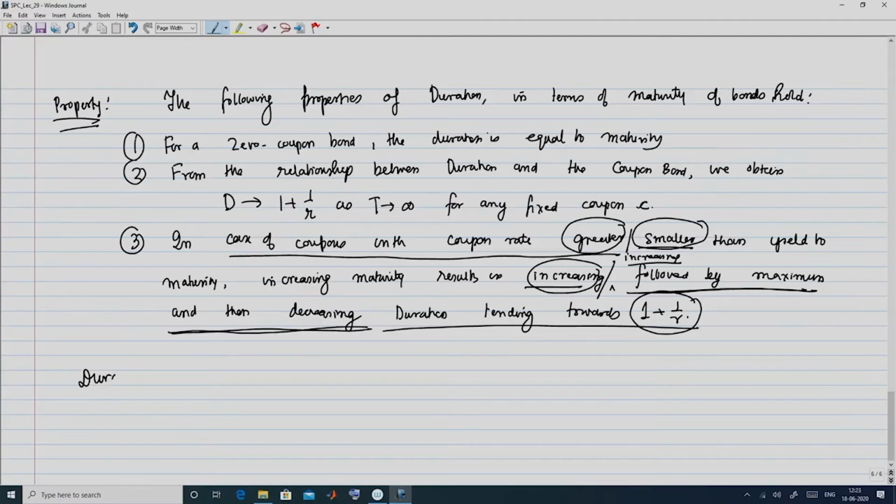So, accordingly we start the topic of duration in case of a bond portfolio.